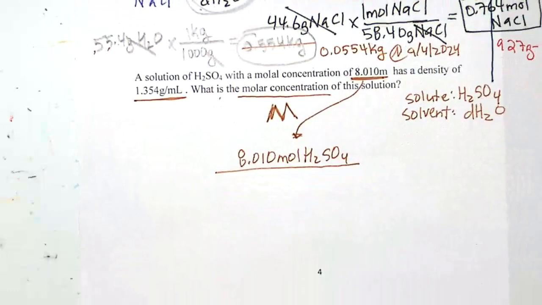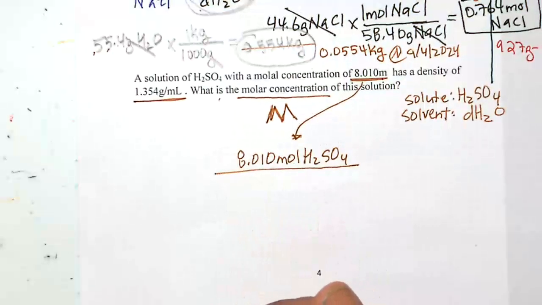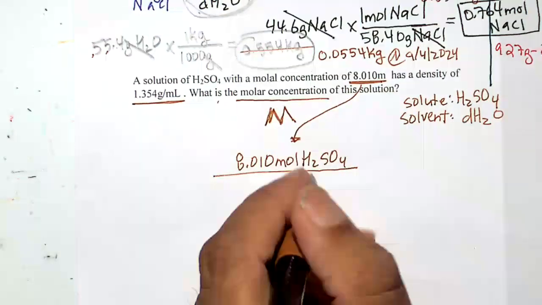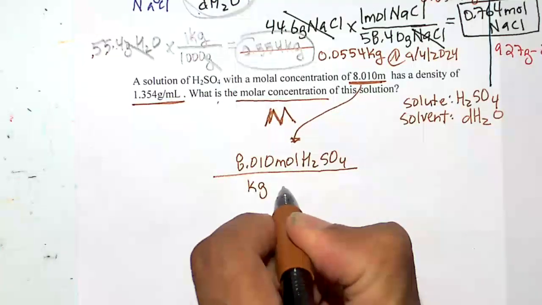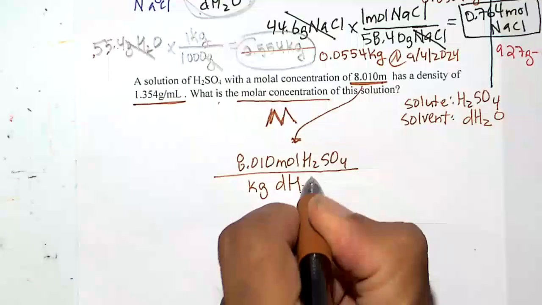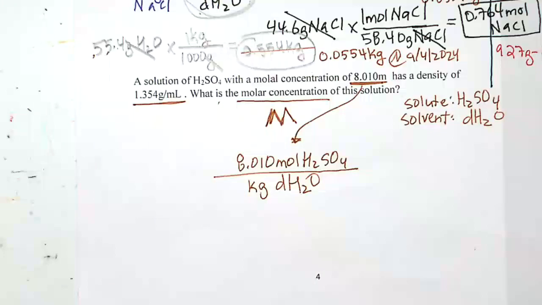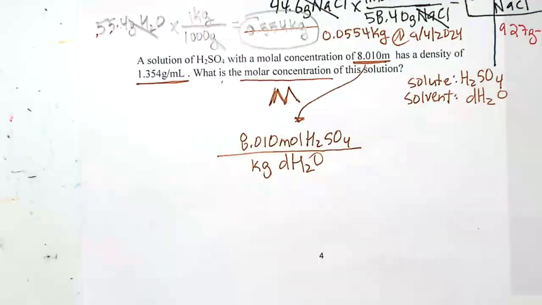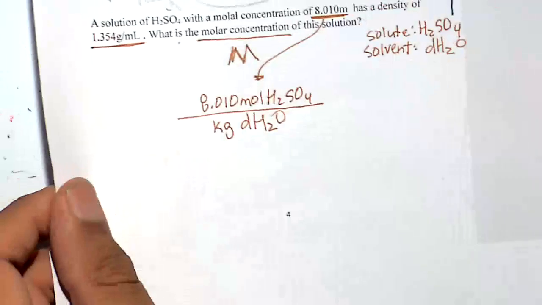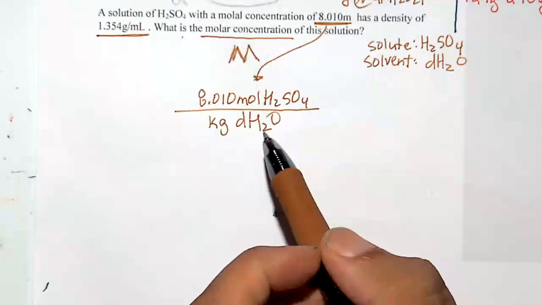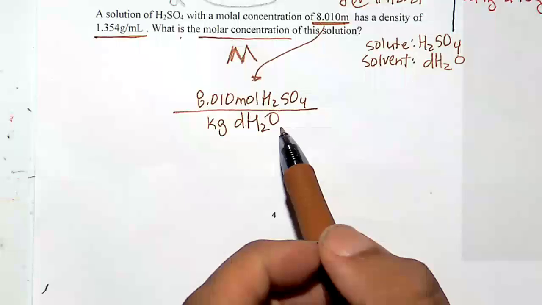So 8.010 molal is 8.010 moles of solute per kilogram of water. I put the D here just to say it's distilled or deionized water, just pure water. Moles of solute, kilogram of solvent.